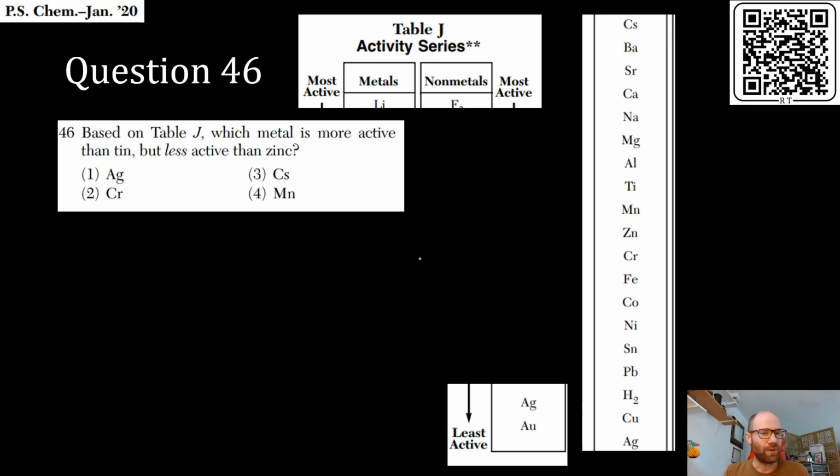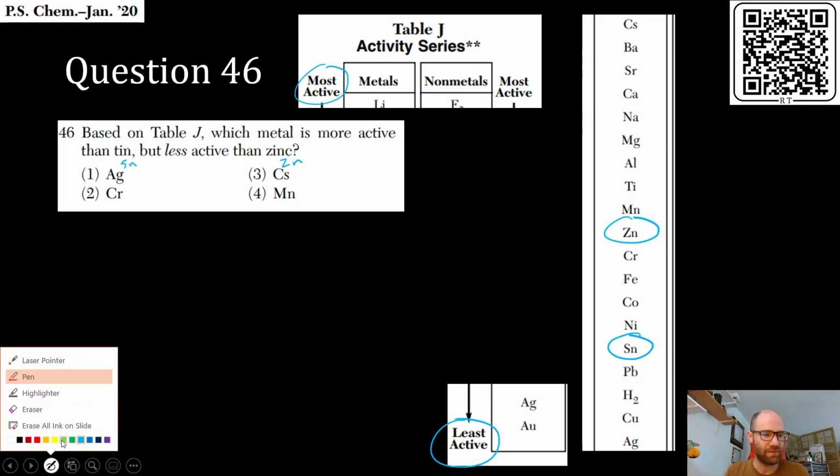Based on table J, well then let's pull up table J. Which metal is more reactive than tin, which is Sn, and less reactive than zinc, that's Zn. So it says most active and least active at the top and bottom of your table. And all we want to do is compare tin and zinc to the 4 elements that we've been given for our answer choices.